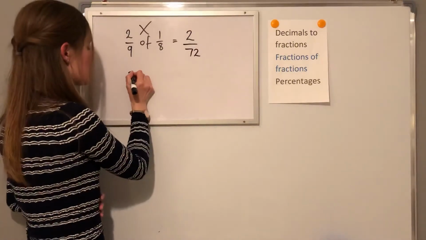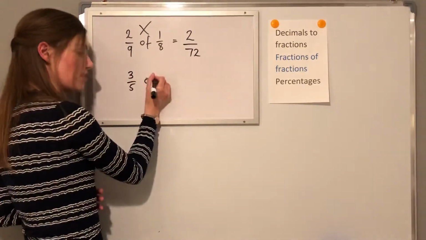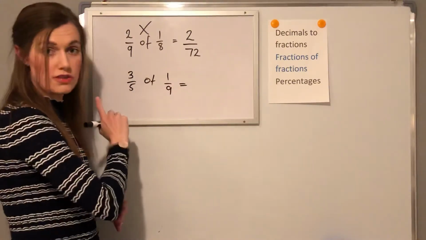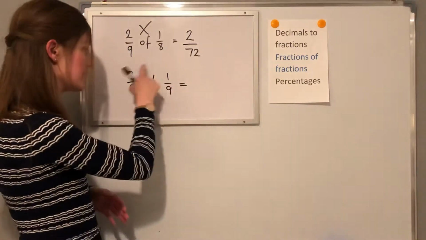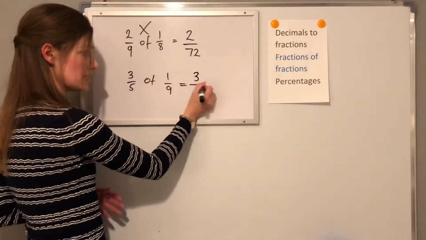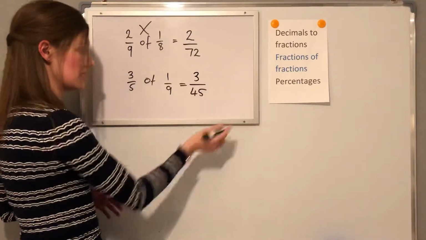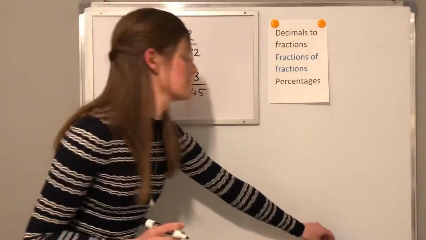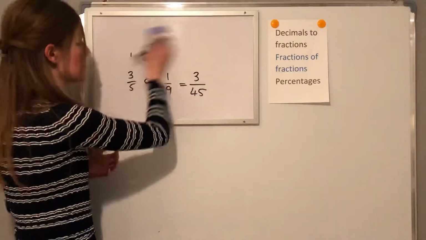So if you had 3/5 of 1/9, you've just got to times across. 3 times 1 is 3, 5 times 9 is 45. You've done your fraction of your fraction. Okay, so let's try a few more of those.